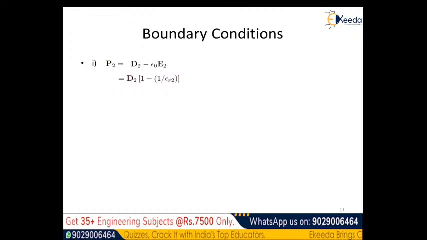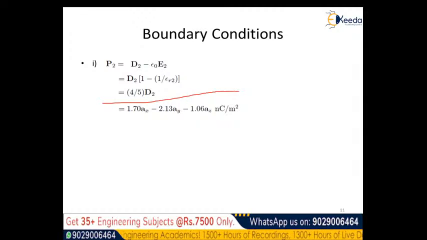So if we substitute, we get the form 4 by 5 times D2, and this vector quantity becomes 1.70 AX minus 2.13 AY minus 1.06 AZ in terms of nanocoulombs per meter square here. So this is the solution for part I. So P2 is the answer here.